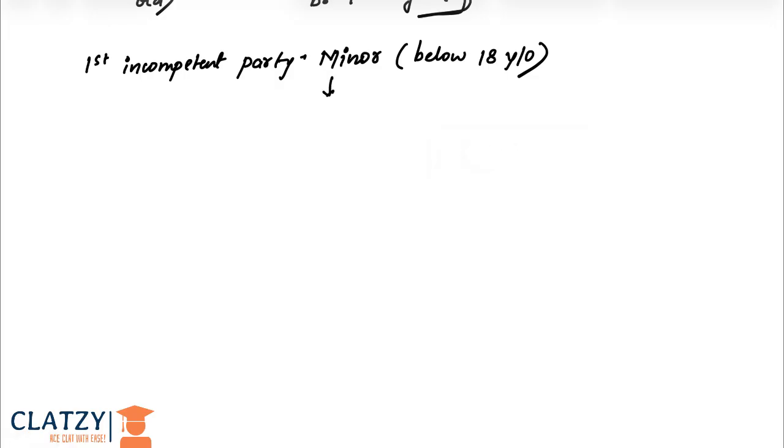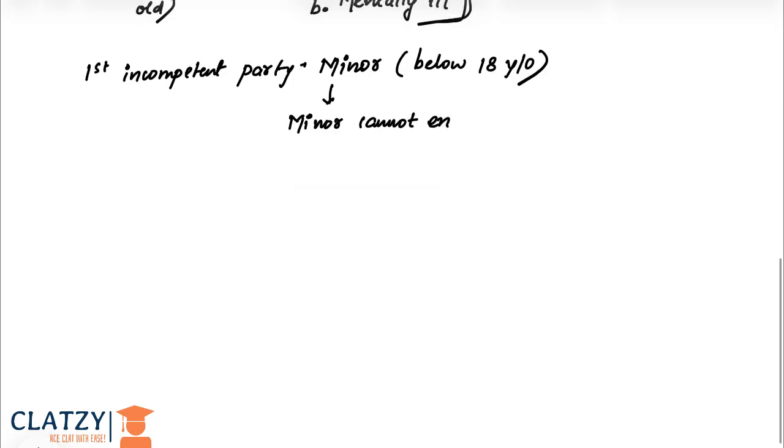If he is incompetent, we can clearly deduce or conclude that minor cannot enter into an agreement. Correct? And we had seen in the last class also, when I was giving you an example of a laptop, that there was a minor involved.